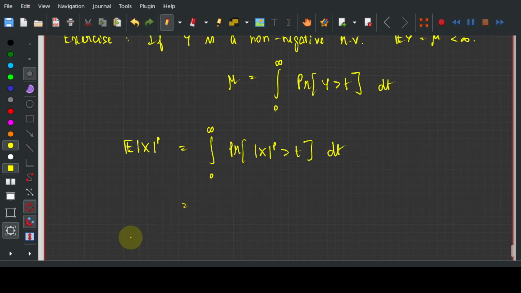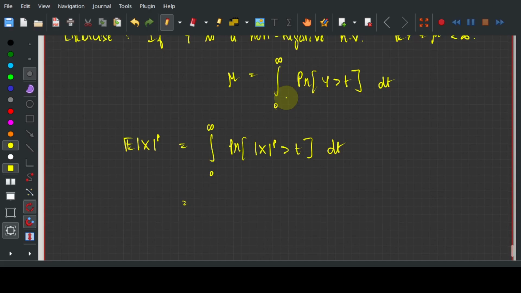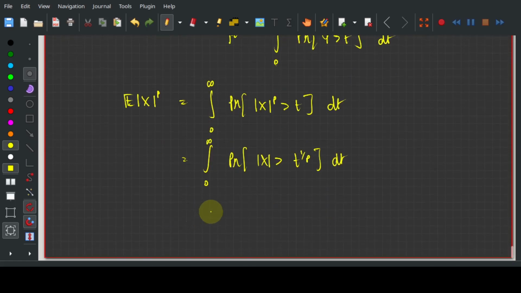Okay, what do you think we should do next? Remember, I have a tail bound on probability that mod x is greater than t. So integral from 0 to infinity, probability that mod x is greater than t to the 1 by p dt. What next?